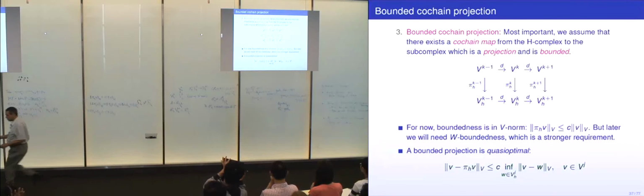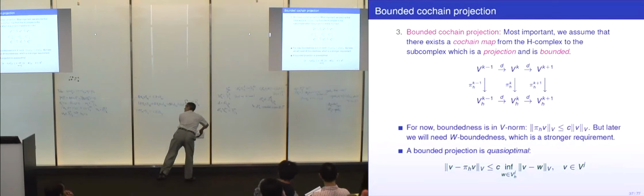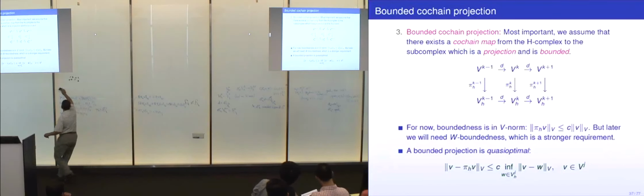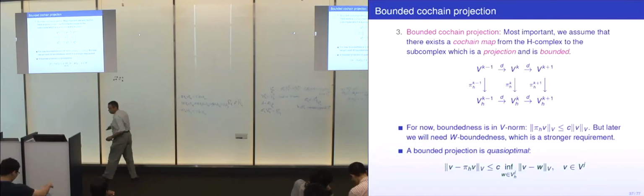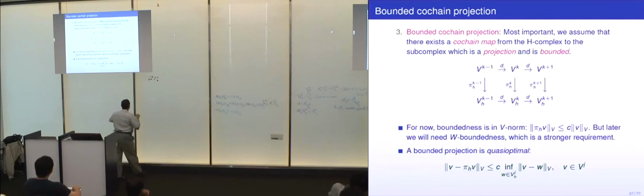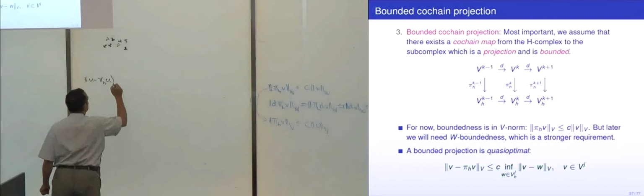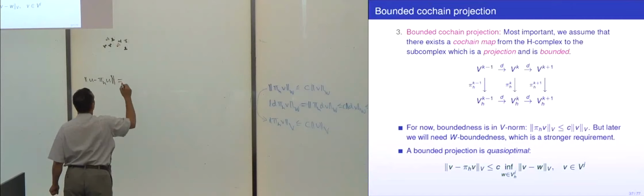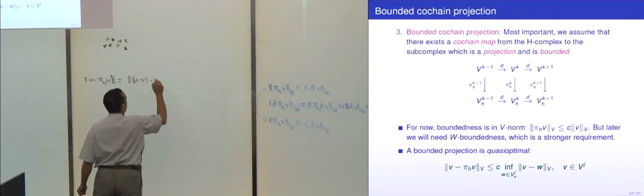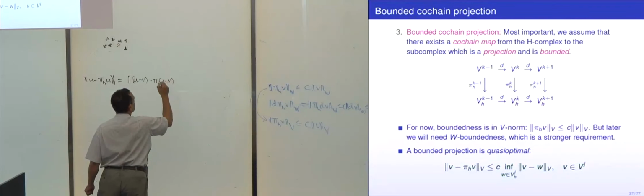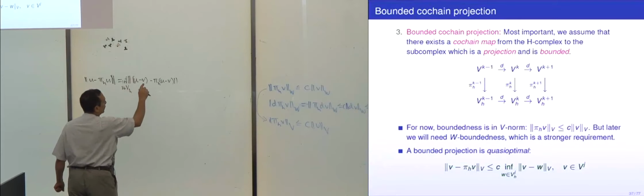Because if I take u minus pi h u, because pi h is a projection, that's the same thing as u minus v minus pi h of u minus v for all v in the subspace, because v equals pi h v.